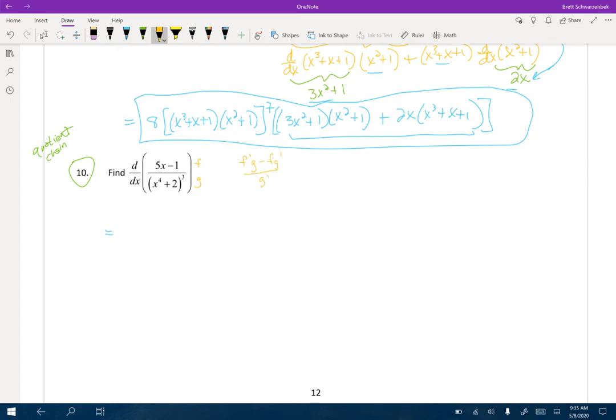So let's go ahead and do that. We're going to get the derivative of 5x minus 1 times (x to the fourth plus 2) quantity cubed, minus 5x minus 1 times the derivative of (x to the fourth plus 2) cubed, all over (x to the fourth plus 2) cubed, squared bracket.